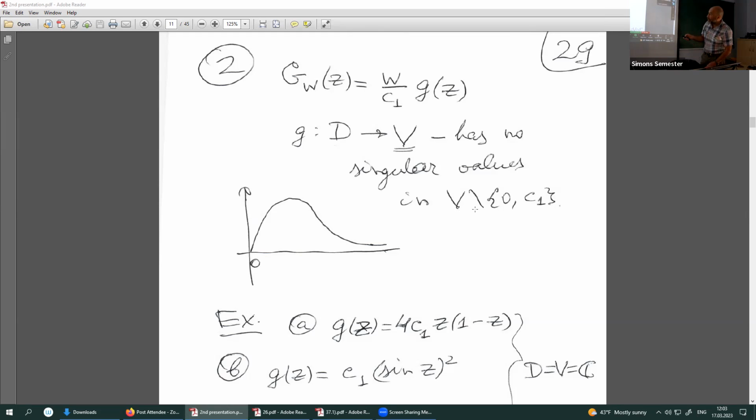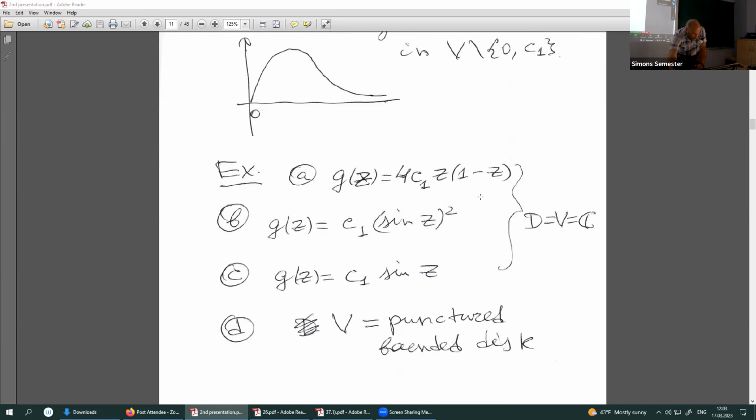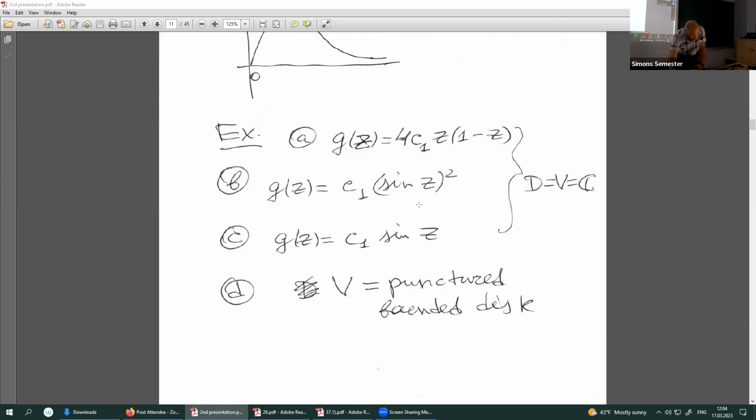For example, for sine Z squared or sine Z, all critical points map to one by sine, so this is the only critical value.